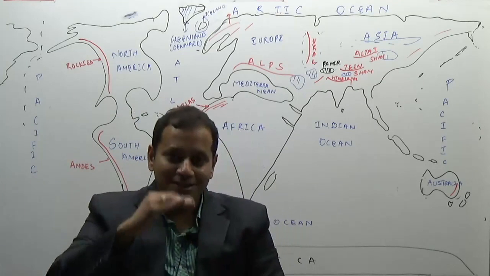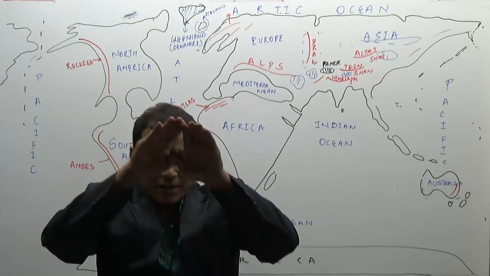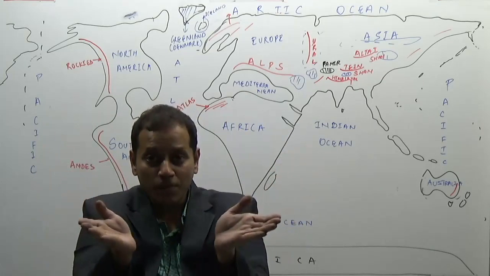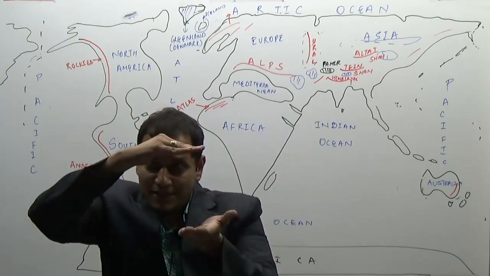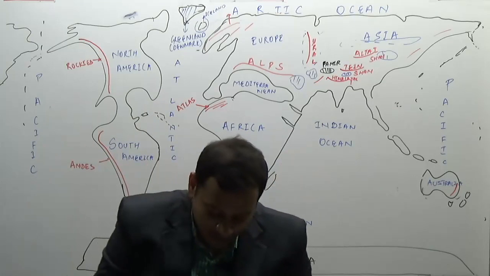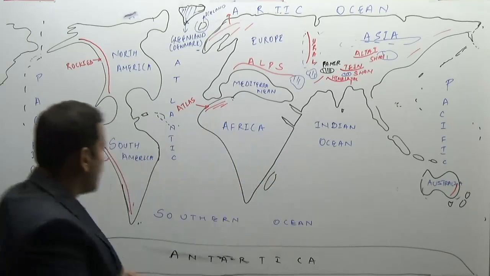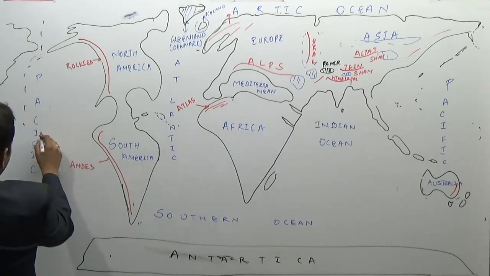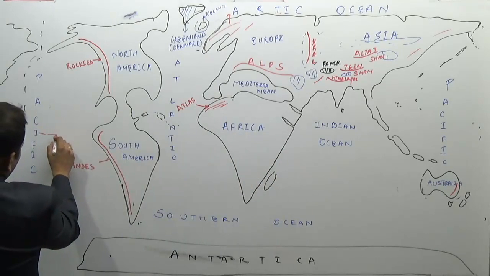Now, if we take this world, the earth is in the shape of a globe. Obviously it has a center part, and if we divide the earth into two parts, this is where the center of the earth roughly comes to.